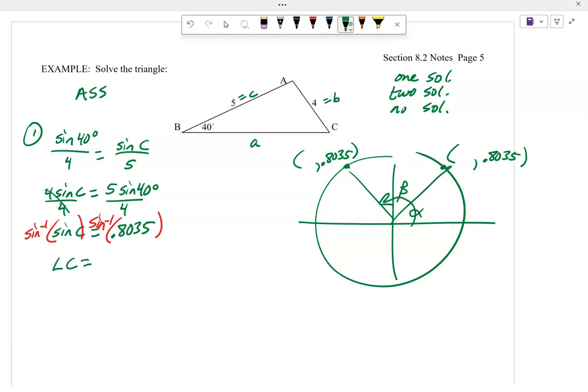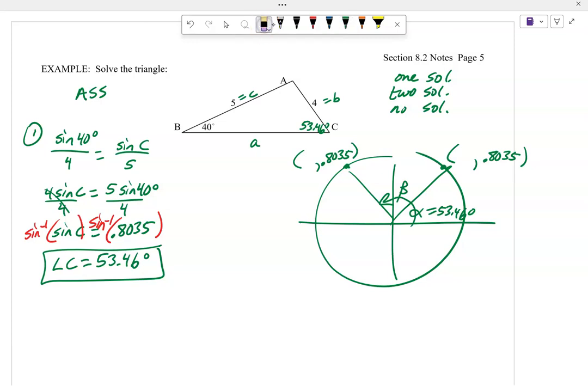So let's punch in arc sine 0.8035. I get 53.46 degrees. Okay. So what would the other angle be, right? So this is 53.46 degrees. So that's saying this angle C, of course, 53.46 degrees.